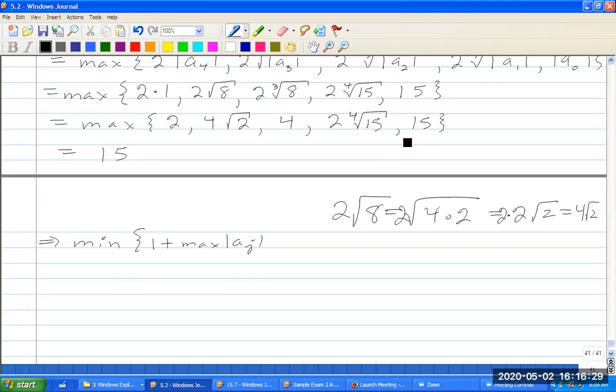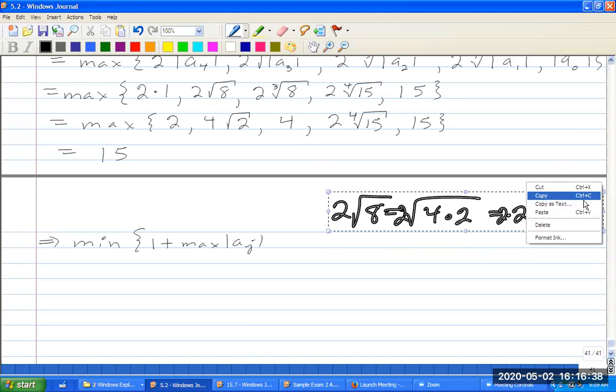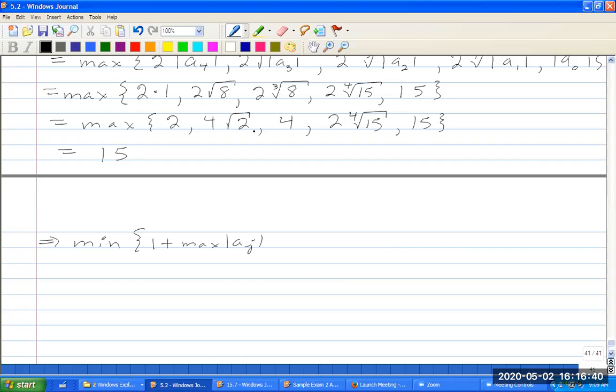But not that it really matters. 15 is much bigger than 2 rad 8. So it doesn't really matter if I simplified it or not. Each of those values are much, much smaller than 15. Okay, so this is the minimum of what we calculated.